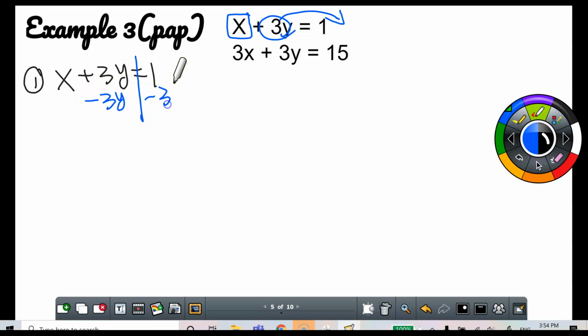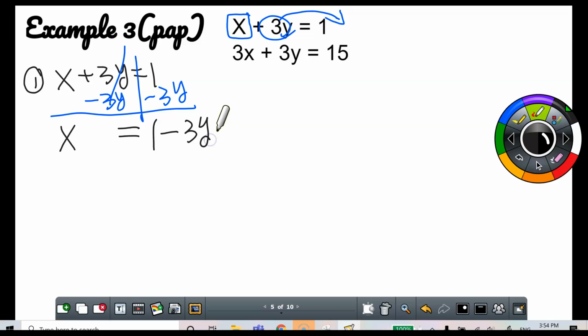Do the same on the other side. So you have x equals, on the other side you have 1 minus 3y. Okay, so this is your true first equation. We're not changing it, but we rearrange it to have x to be represented by something. Okay, so the first equation tells you you can exchange between x and 1 minus 3y.